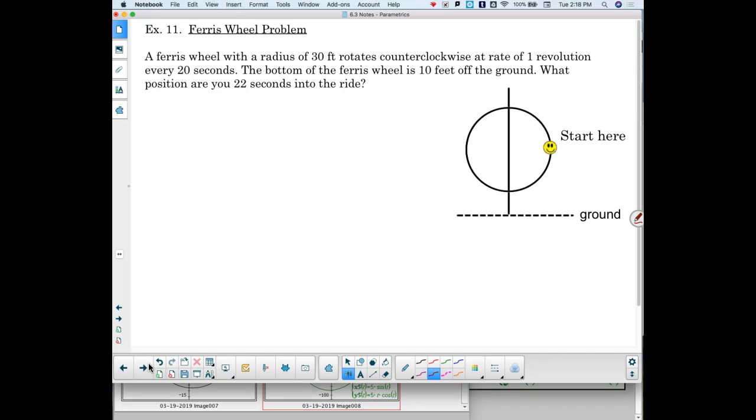The bottom of the Ferris wheel is 10 feet off the ground. The question is, what position are you at 22 seconds into the ride? Okay? That's the question we have to answer. Where are we 22 seconds into the ride? All right?